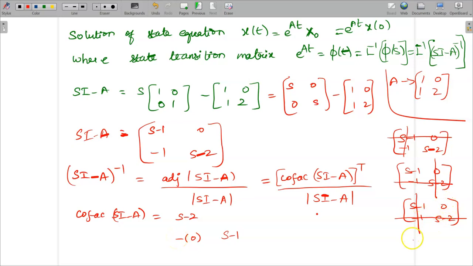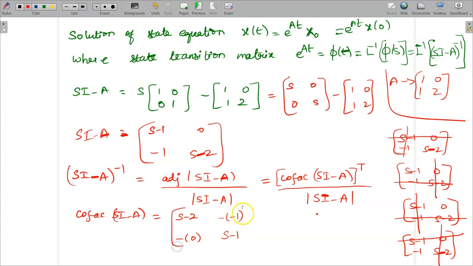Similarly again, to find the cofactor of this particular element, I eliminate this row and this column, and I write this term. While writing this term, additionally I introduce one negative sign.